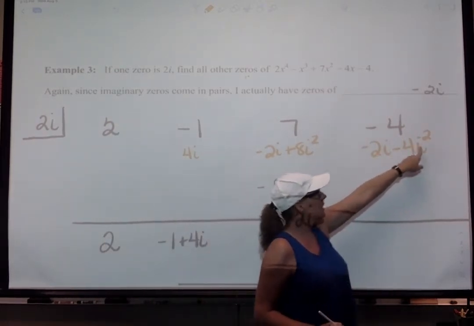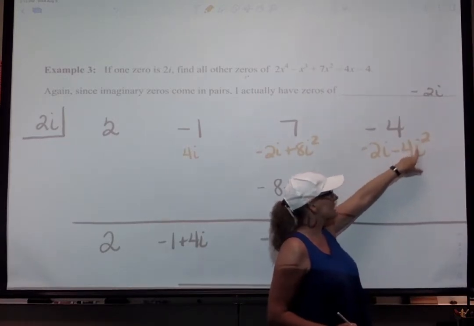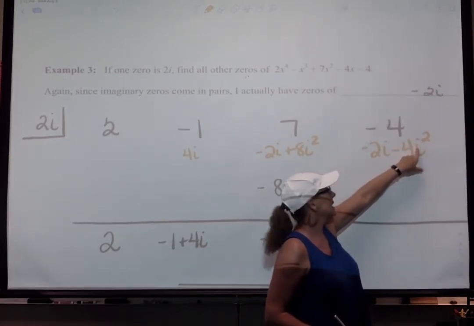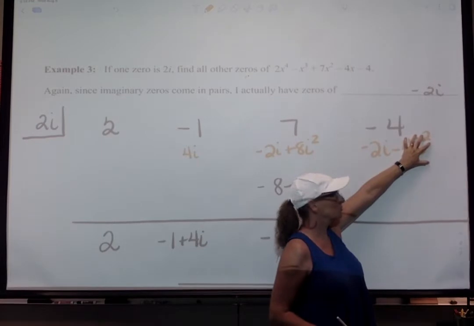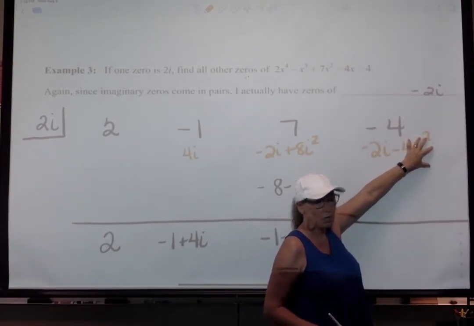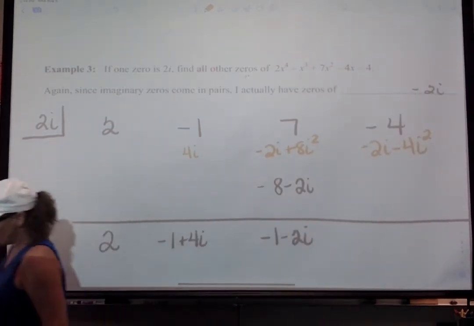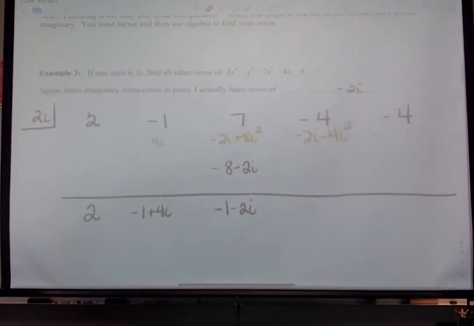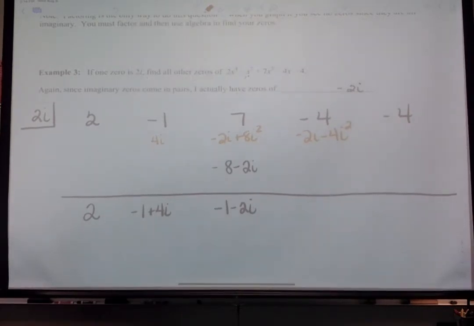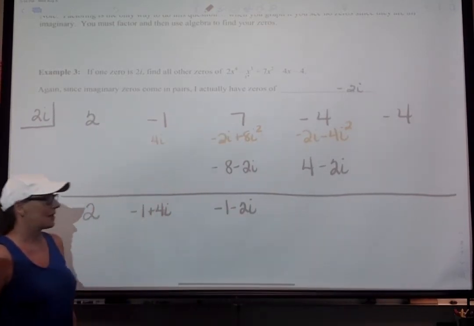Now, this can be simplified. So this i squared, this is negative 1. Negative 1 times negative 4, this term right here is going to become positive 4. This term's going to stay the same. This term's going to become positive 4. Positive 4 minus 2i. Now, add the black numbers together.